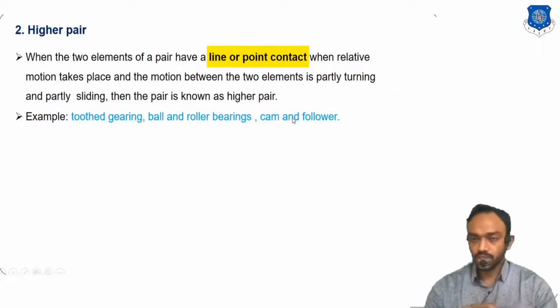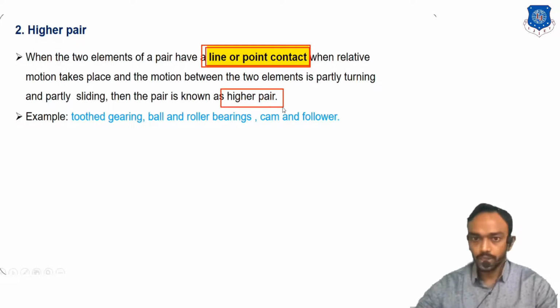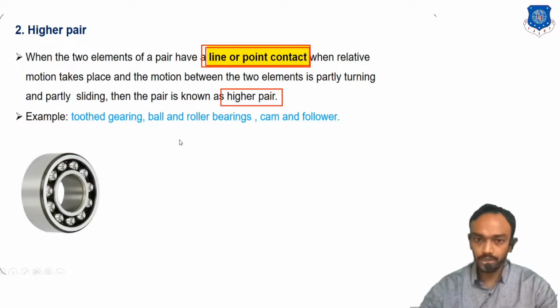Let's start the second type in contact, the higher pair. If two elements of a pair have a line or point contact between them, then it is known as a higher pair, okay. So you can see the examples of that, means ball bearing. Like if you put a ball on any table, what will happen?